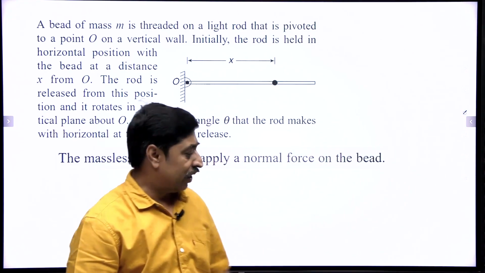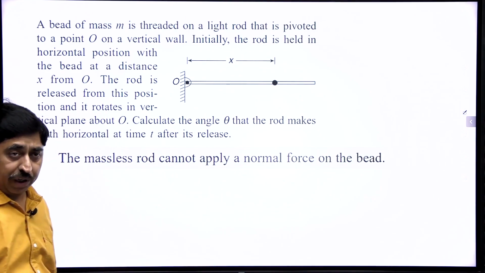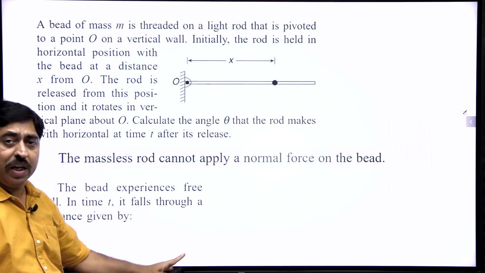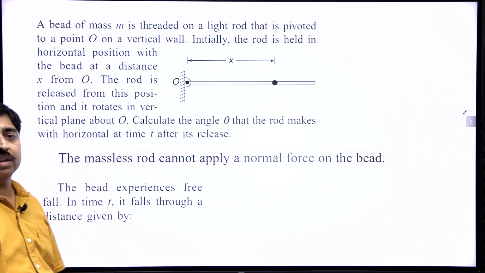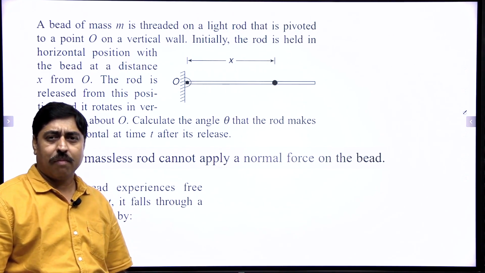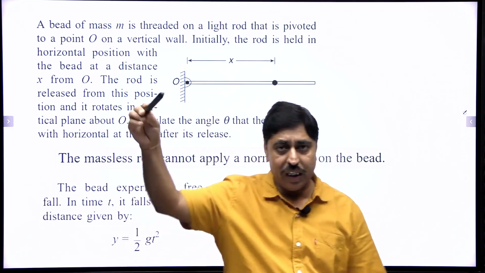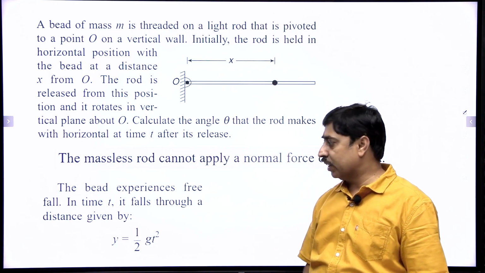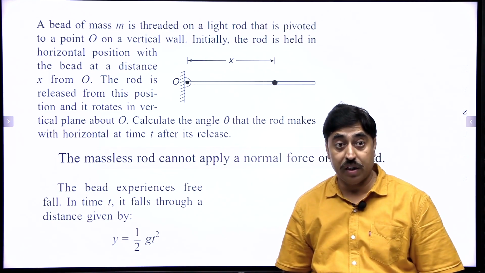So I have written that a massless rod cannot apply a normal force on the bead, and therefore the bead experiences free fall. In time t, it falls through a distance which is given by half gt square. If I release this object and it is under free fall, in time t it will fall through a distance given by half gt square.